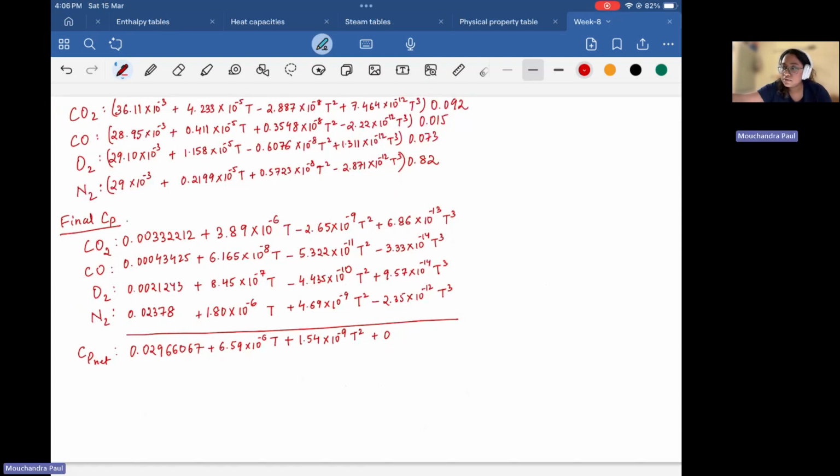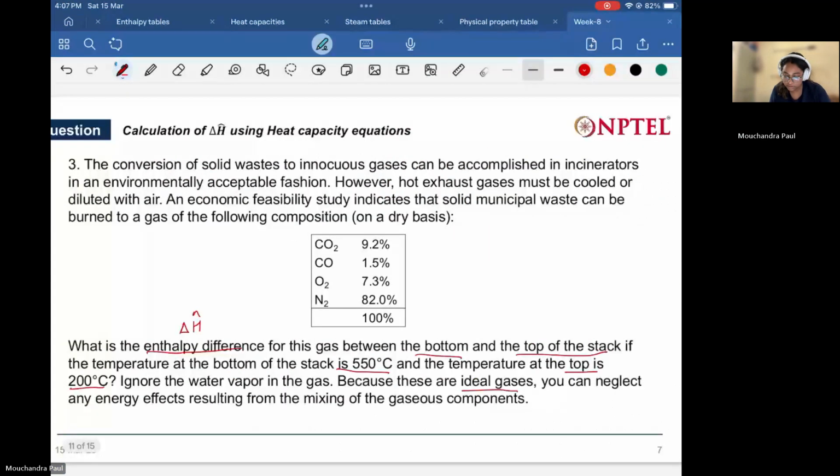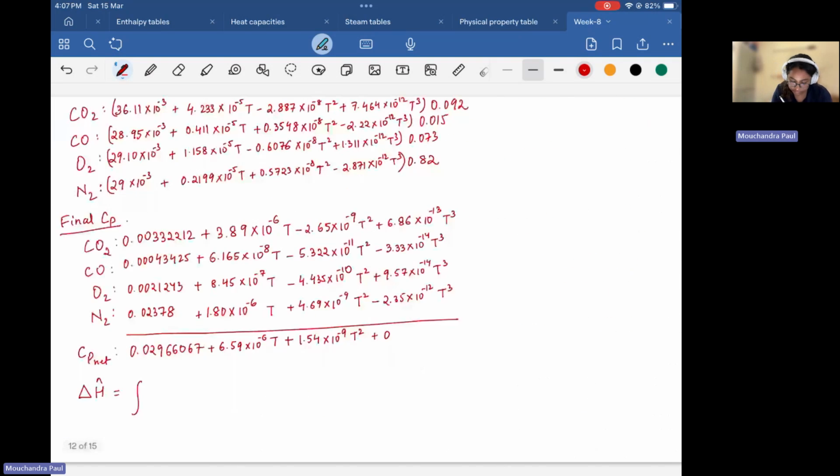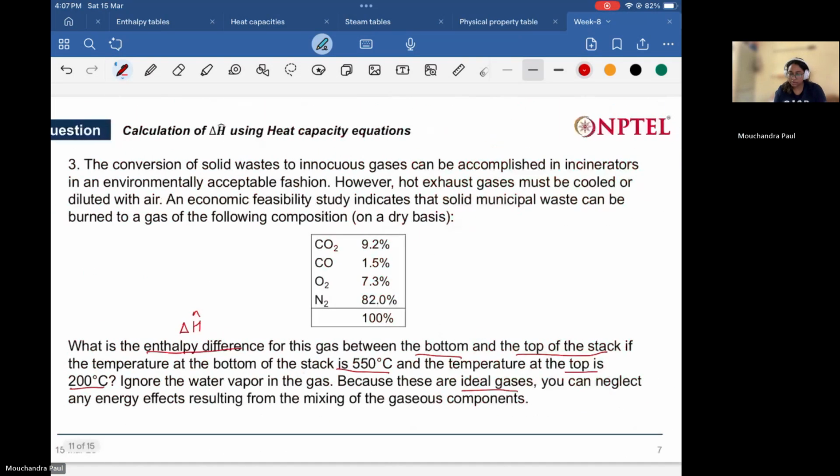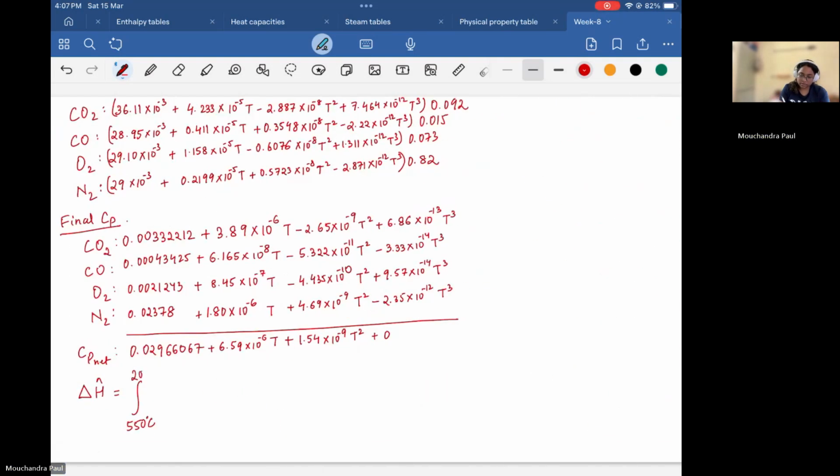So now delta H hat will be, the bottom of the stack is at 500 degrees Celsius, and temperature at the top is 200 degrees Celsius. We have to do integration within this range for Cp net.